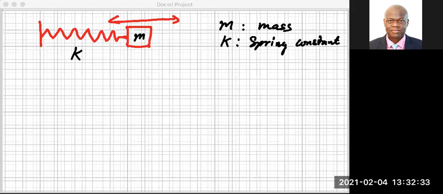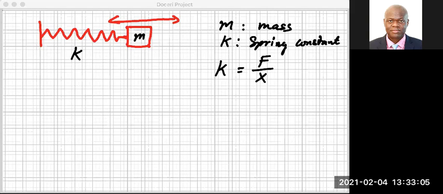Springs with a smaller value of K means those springs are easy to stretch or compress. So the smaller the value of K, the easier it is to stretch or compress the spring. The larger the value of K, the more difficult it is to compress it. So K is equal to the ratio of the force to the displacement.